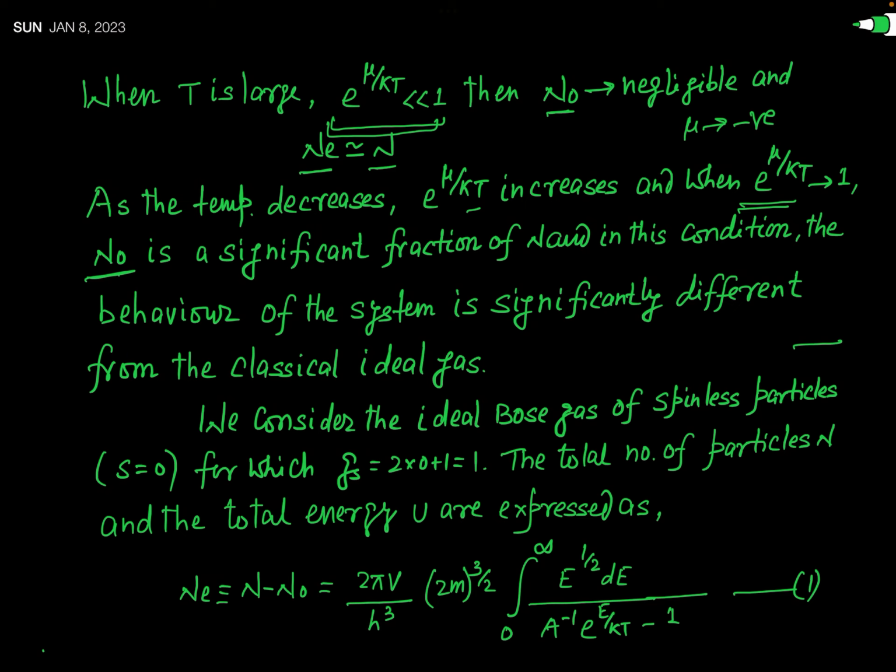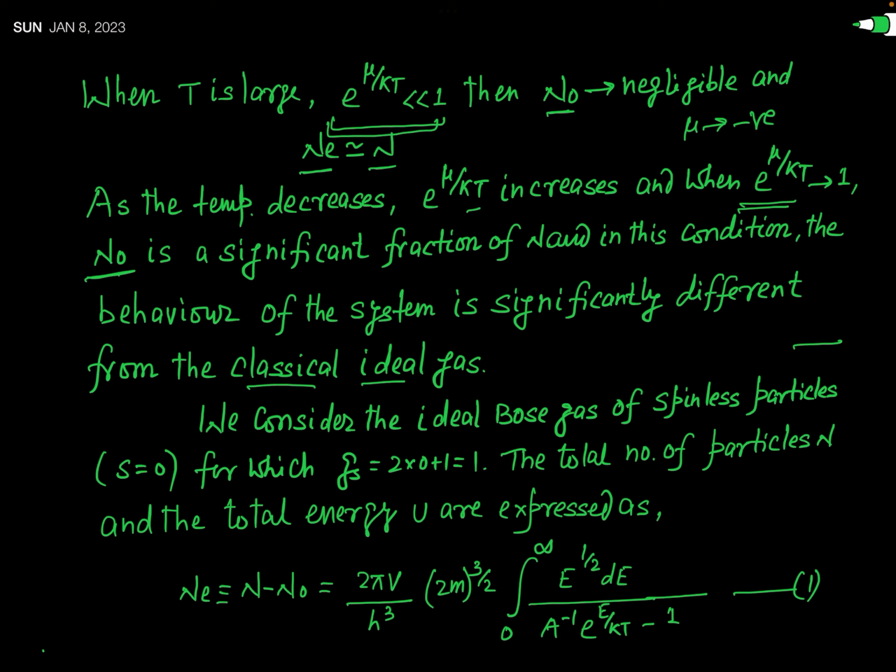And in this condition, the gas will be found in two phases, in the excited state and also in the ground state. So the behavior of this system is significantly different from the classical ideal gas, or you can say the Boltzmann gas.